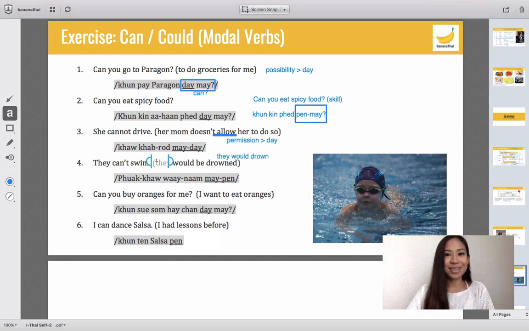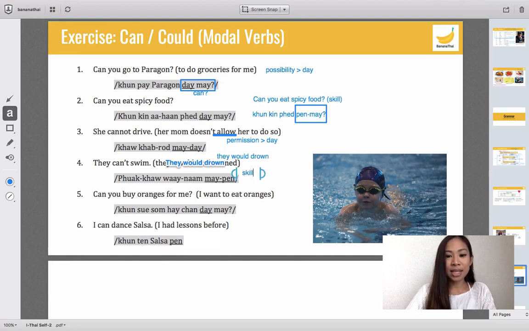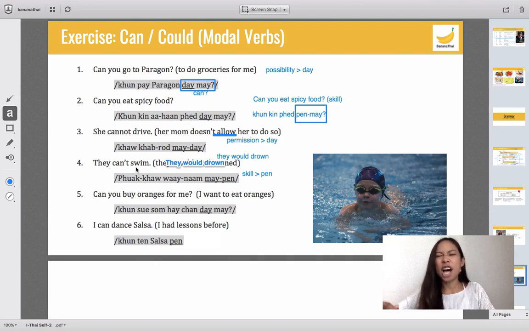Sorry for this grammar mistake, basically they can't swim, as in they would drown if they tried to swim. This one is definitely skill, so you use the word เป็น, you know how to. พวกเขาว่ายน้ำไม่เป็น, don't know how to swim.